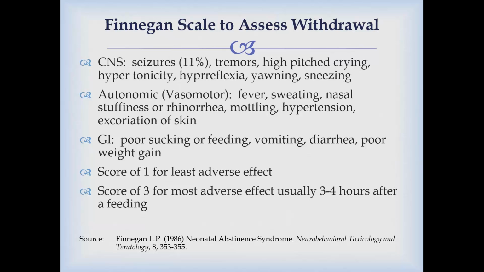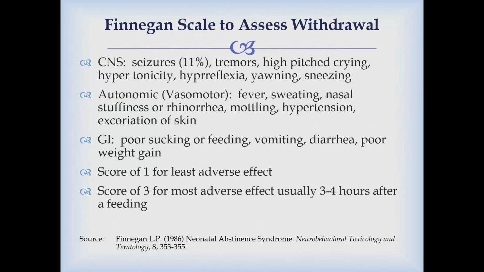Many times a DCF worker will come up to me and be a little confused because mom reports significant history of opioid use, or she is in a methadone treatment program, and yet the baby's urines were negative. That is not unusual to hear. It is not a perfect science. Sometimes the specimens get lost, they get contaminated, and we don't always have positive urine toxicology.